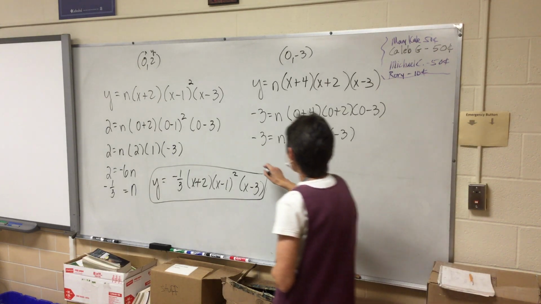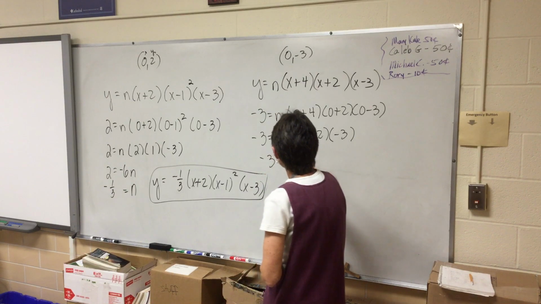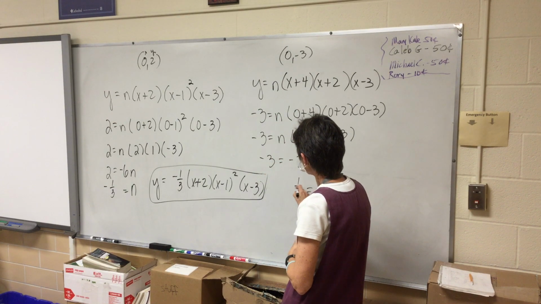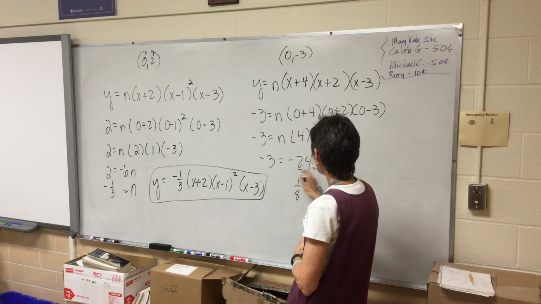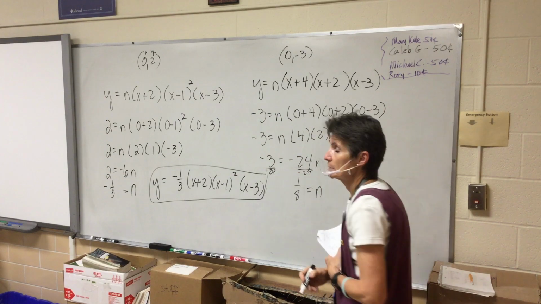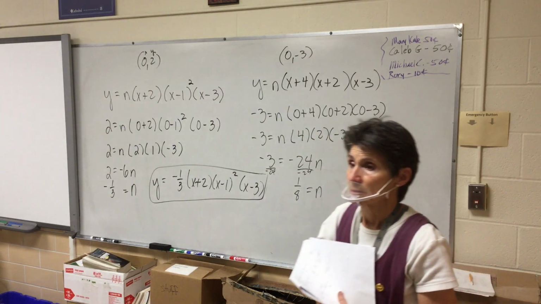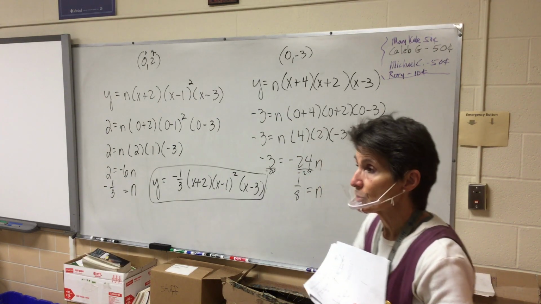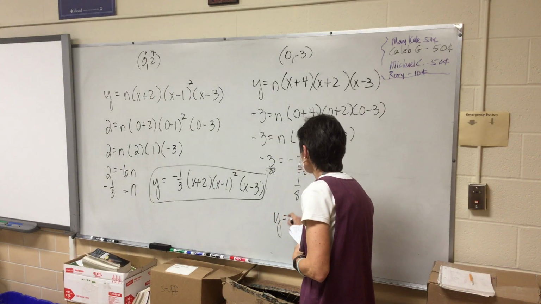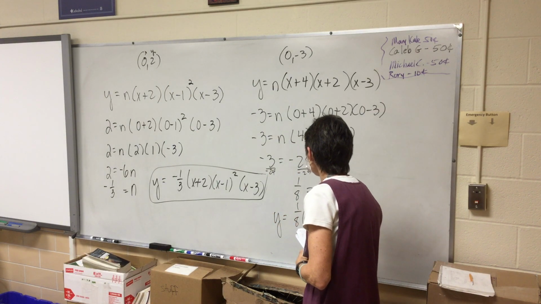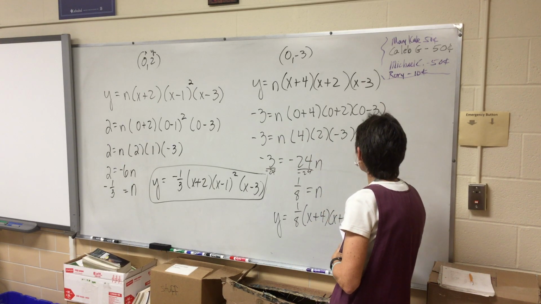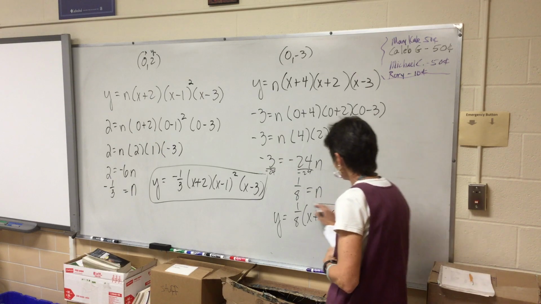Negative 24. So when I divide, n is 1/8, because I'm dividing by negative 24. So what do you circle? Not that. Y equals 1/8, x plus 4, x plus 2, x minus 3.